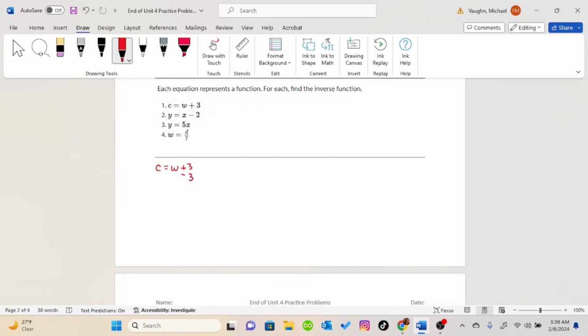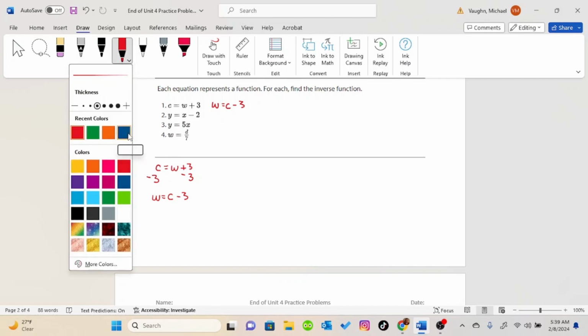The opposite of plus 3 is minus 3, but if I subtract 3 from the right, I must subtract 3 from the left. This gives me an equation that says w equals c minus 3. Now I have the inverse function. Instead of solving for c using w as an input, we now solve for w using c as an input.